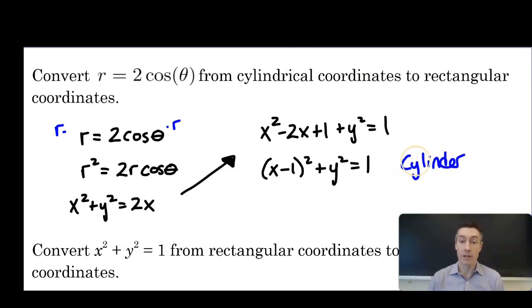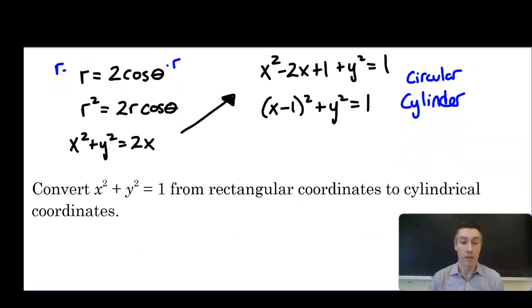It's just a circular cylinder that is not centered at the origin or around the z-axis. Right? So this is the cylindrical equation of a cylinder that's not around the z-axis. Okay? It's along the z-axis, just not centered around it.